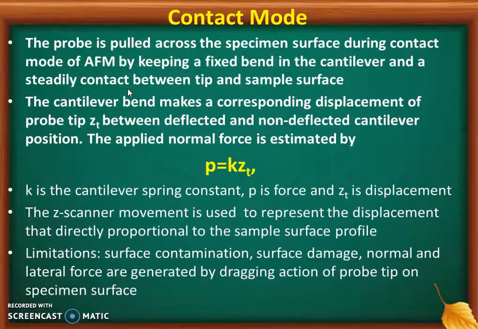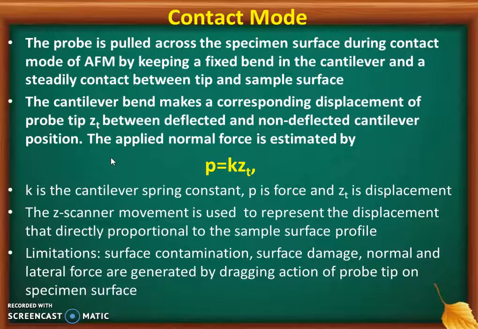In detail, in contact mode, the probe is pulled across the specimen surface by keeping a fixed bend in the cantilever and steady contact between tip and sample surface. The cantilever bend makes a corresponding displacement of the probe tip, ZT, between deflected and non-deflected cantilever position.